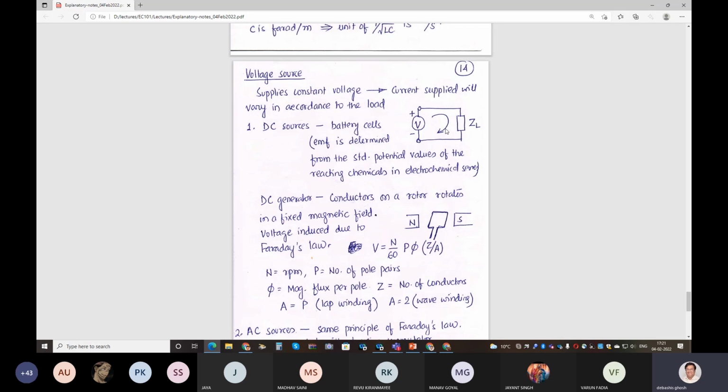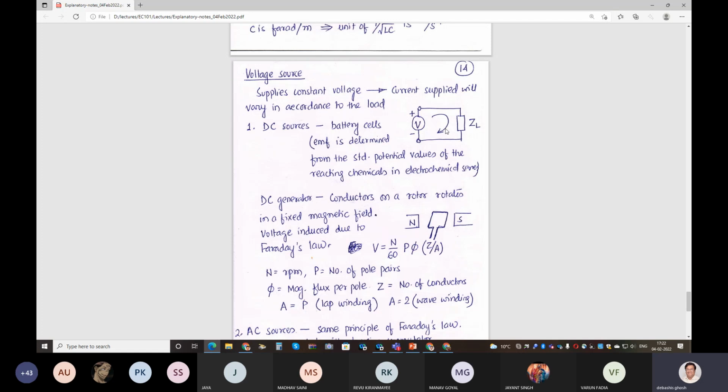So your resistance R will be basically 10 times that of the heater. In the heater V square by R was 1000, now it is V square by R equal to 100 for a 100-watt bulb. So your R will be 10 times more, and hence your current will be 10 times less flowing through that bulb. That is how all these calculations can be done, and you can find out the current in different devices.